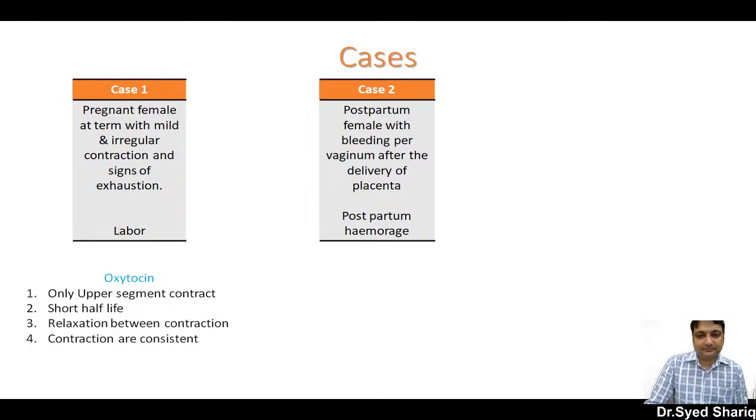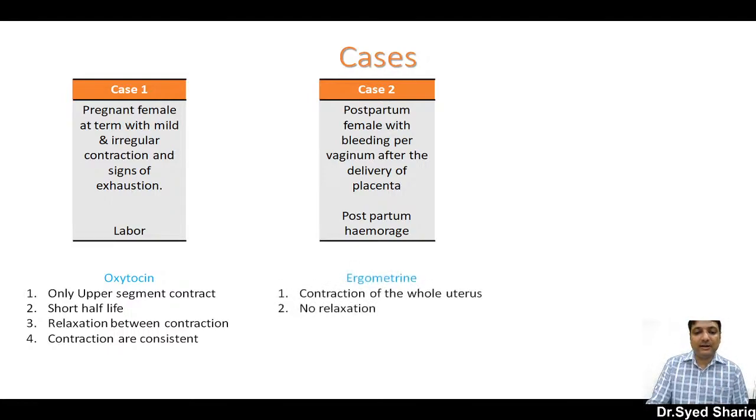Now, in our second patient, there is a postpartum female with bleeding per vaginum after the delivery of the placenta, and we diagnose it as a case of postpartum hemorrhage. What kind of drug should we give in this patient? There is bleeding. We don't know where the bleeding is, but we know that it is from the uterus. We want to contract the whole uterus, so ergometrine is the drug of choice. We don't want any relaxation in between after childbirth.